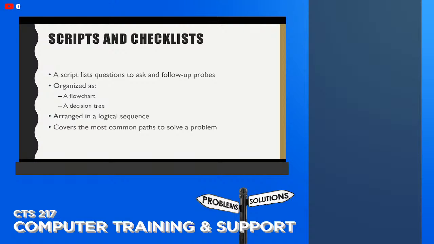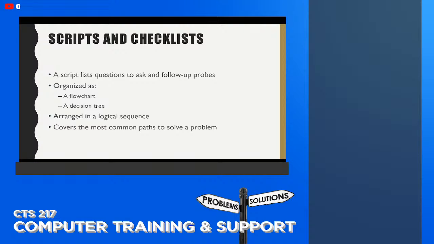Oftentimes we see these scripts organized as some kind of flowchart or decision tree based on questions and responses and things of that nature. We put it in a logical sequence. So we get that problem-solving process here, right? We basically take the problem-solving processes that we had done previously and put them into a script.